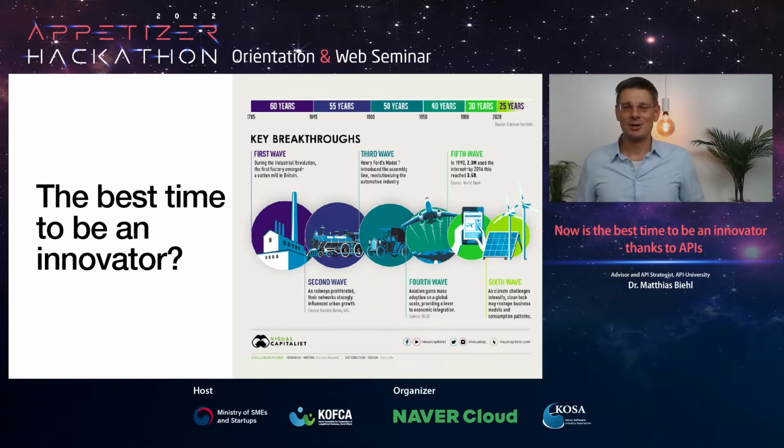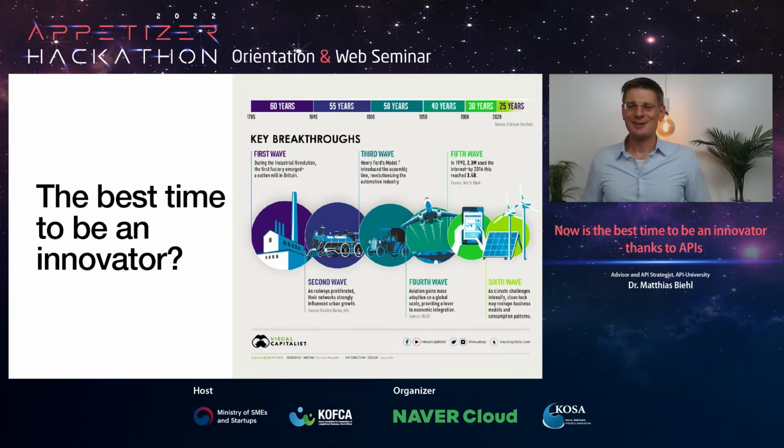Cars were new at some point, then air travel was new, then software and computers came, and now we're at the brink of a new wave of innovation, which is based on software but brings in AI, IoT, Internet of Things, artificial intelligence, and clean technology.